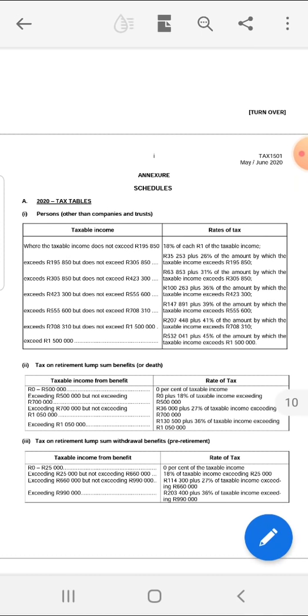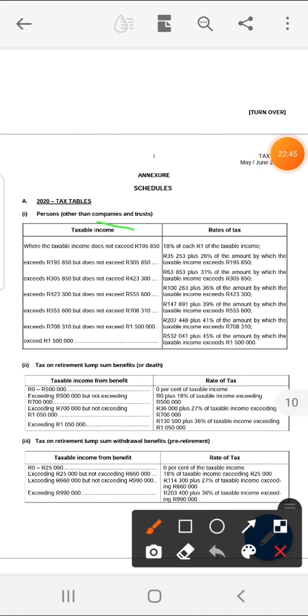So based on this table, they give us the amount 424,000. So you will look on this line, where does 424,000 fall under? 424,000 falls under the fourth row, this one.